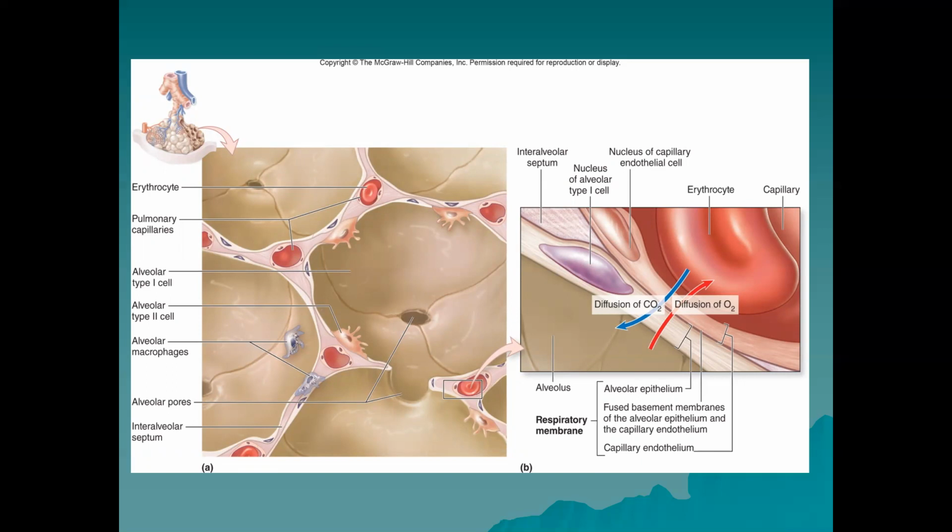You see how it consists of a type 1 alveolar cell and an endothelial cell lining the capillary with a little bit of basement membrane in between. And see there's almost no fluid space between those two squamous epithelia. And that's where diffusion of O2 and CO2 happens. O2 from the alveolus into the blood, CO2 from the blood into the alveolus.